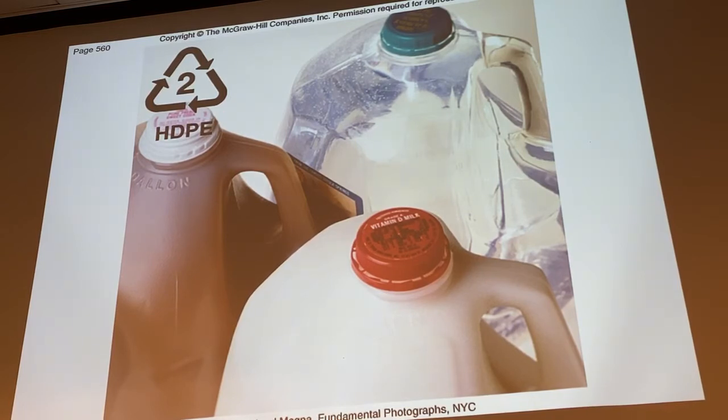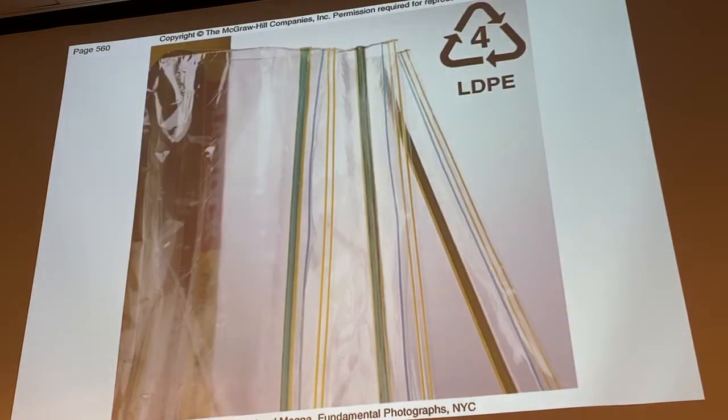The lower the number, the easier it is to recycle the plastic. Another type of polyethylene, low density polyethylene, is used to make Ziploc bags and other sandwich bags. You see it's a bit harder to recycle than HDPE.